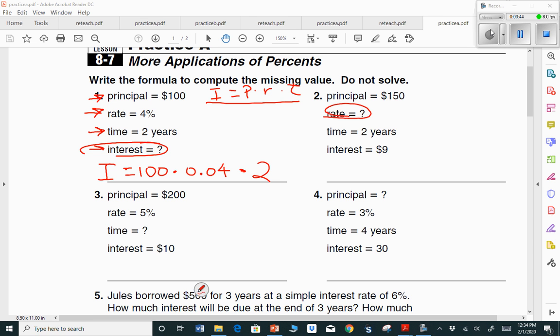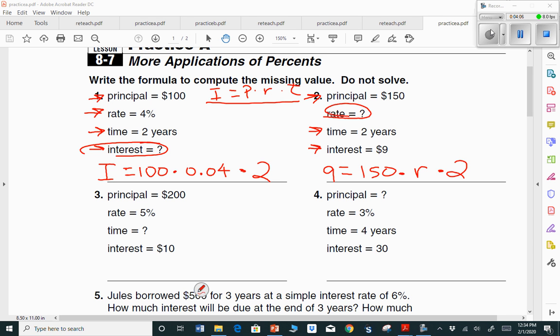So I is 9, interest is 9, principal is 150, times rate we don't know, so we're just going to put R for that, and then time is 2 years. That one's going to be a little more complicated to solve, but that's okay. Here we're just setting it up.